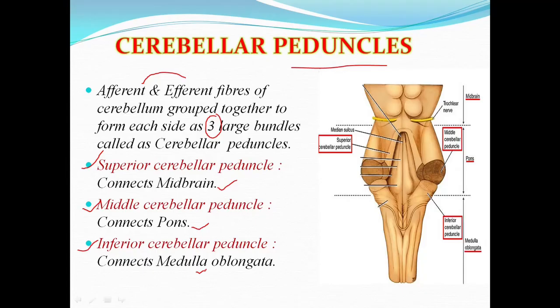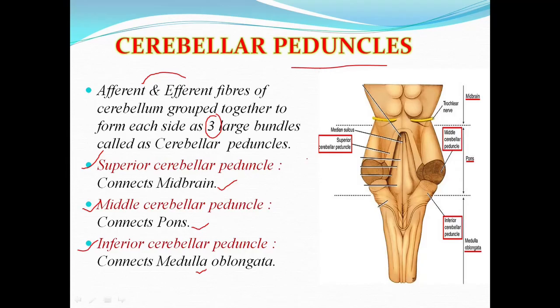You can recall these terms from when you studied the brainstem. When studying the pons, on the anterolateral aspect, you saw the transverse fibers on either side interconnecting, called the middle cerebellar peduncle, MCP. On the posterior aspect of the pons, you studied the SCP, the superior cerebellar peduncle.